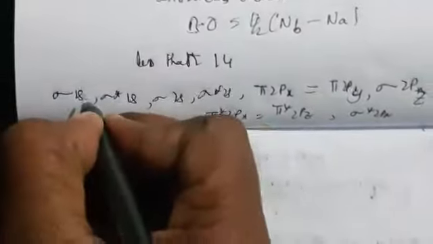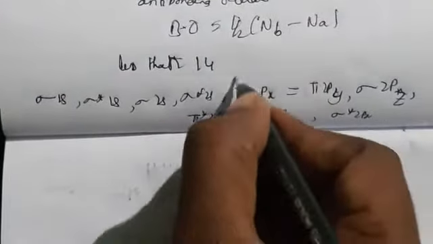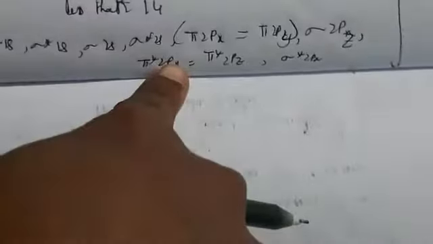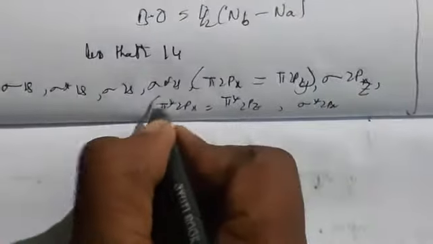This is what we are going to have for less than or equal to 14. If there are 14 electrons, we have sigma 1s, sigma star 1s, sigma 2s, sigma star 2s, pi 2px, pi 2py, sigma 2pz, then pi star 2px equal to pi star 2py, then sigma star 2pz.